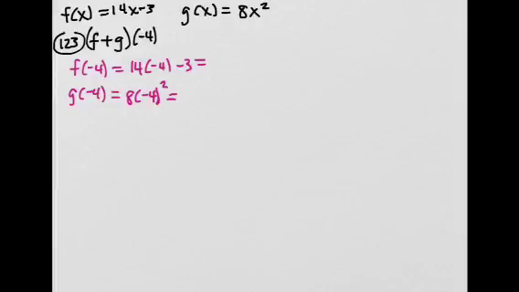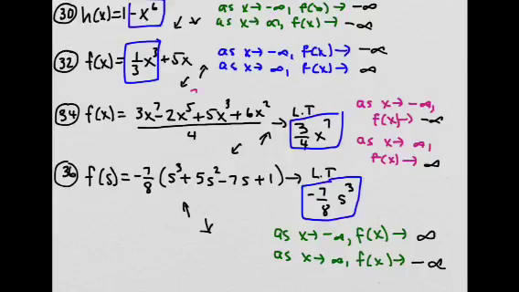So 14 times -4 minus 3 gives you -56 minus 3, which is -57. And then, because -4 squared is 16, 16 times 8 gives you 128. Oops, sorry.